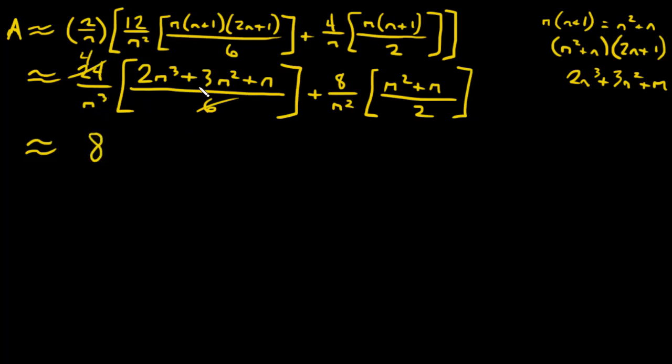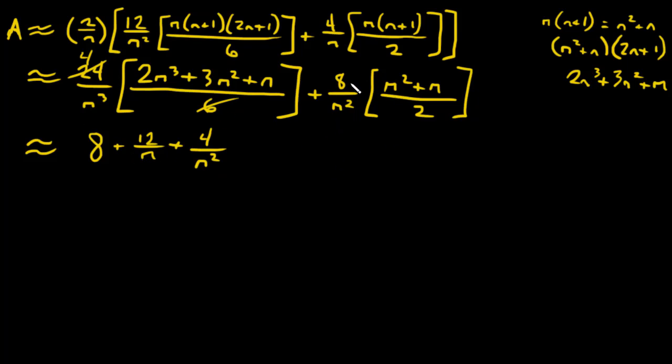And then 4 over n cubed times 3n squared. Well, 4 times 3 gives me 12, and then it's over n. That's what's left. So 12 over n. And then 4 over n cubed times n is just going to be plus 4 over n squared.